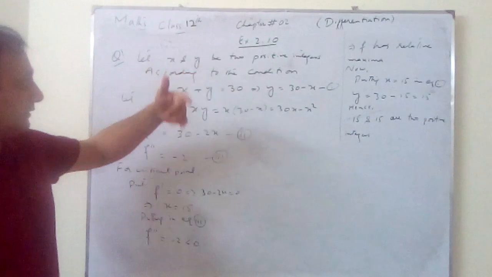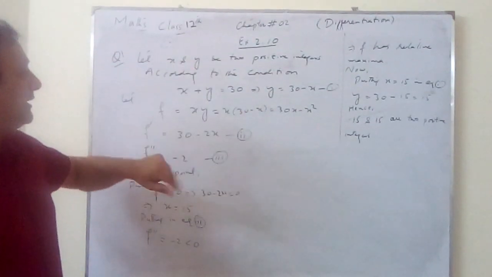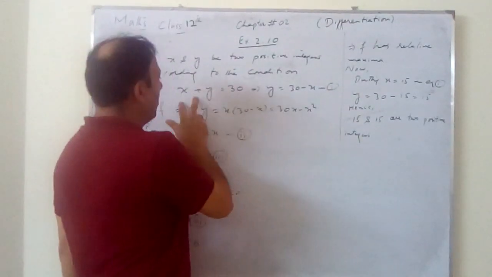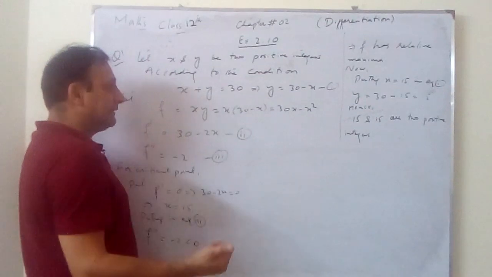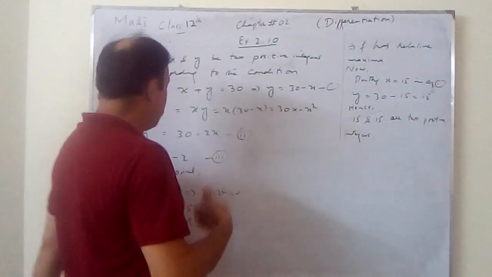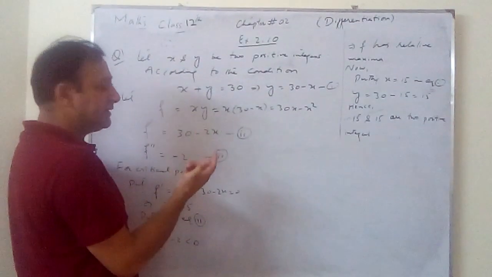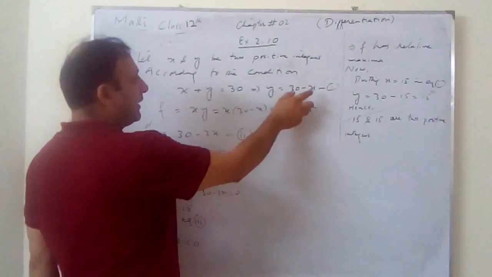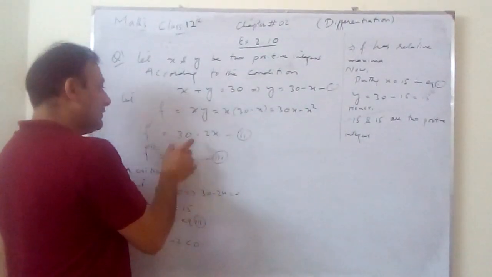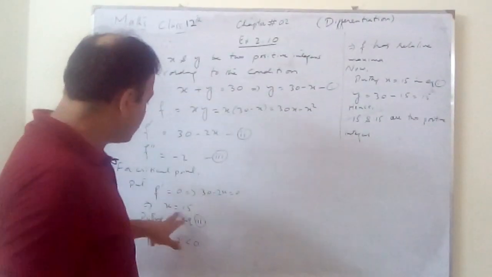First of all, it is given that there are two positive integers, so we suppose x and y. The condition is that the sum of these two numbers is 30, so x plus y is equal to 30. Next he is saying their product will be maximum. So the product xy we suppose is a function, putting the value of y from this, differentiate 2 times, take the first derivative equal to 0 for the critical point, and that is x is equal to 15.